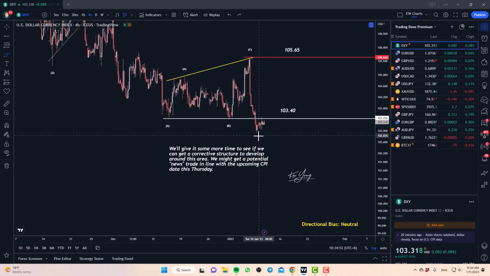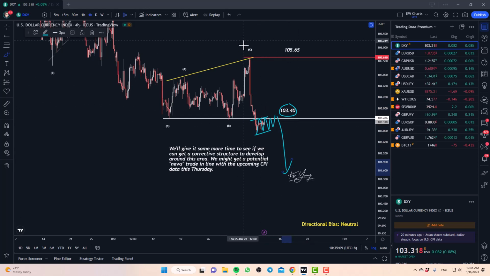If we can get a decent corrective structure that is looking more of like this, okay, below that 103.40, there's a good potential setup for more downside, which means that if you're looking at the dollar index chart, we can potentially ride on the news to give us that volatility for a potential break to the downside, right?